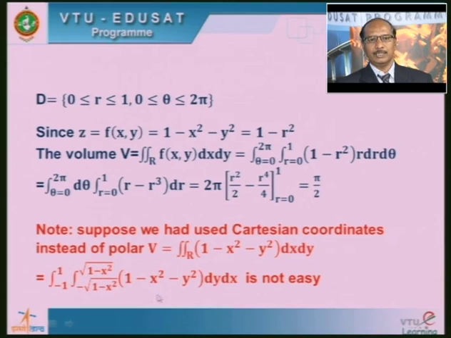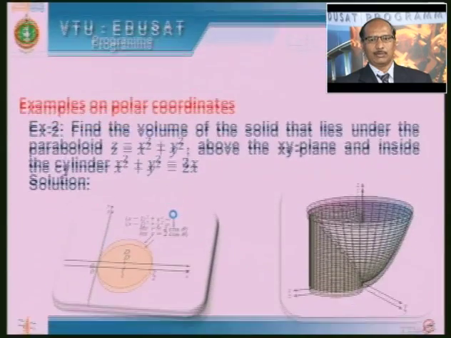So, it is not so easy a simplification, that is why we changed from Cartesian to polar, then it becomes a very simple integration and we get the answer. So, that is the reason whenever the region in the xy plane is a circular region or part of a circle, it is an advantage to change Cartesian to polar coordinates.